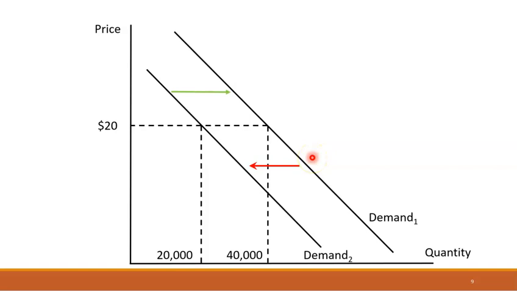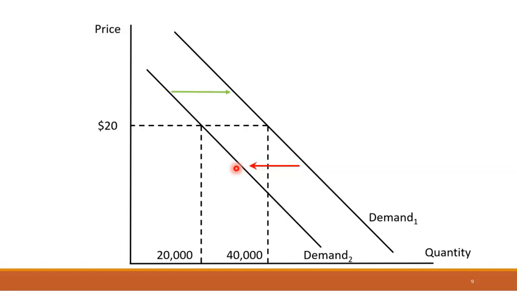There could be things that could happen that could cause that entire relationship between the price and the quantity demanded to shift or to change. So suppose the red arrow here represents a change in demand. I would describe that as a decrease in demand or a leftward shift in the demand curve.